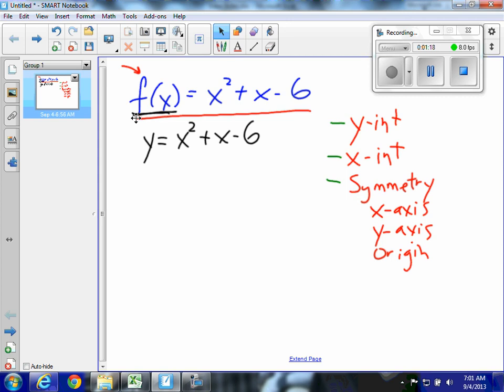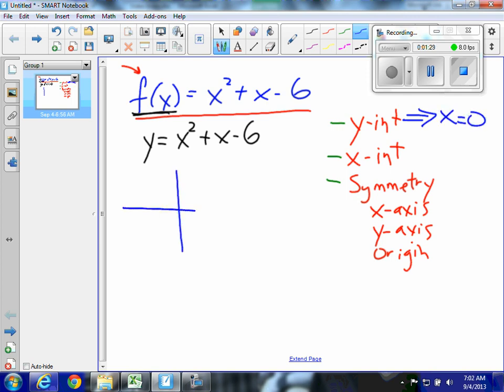So when I'm finding the y-intercept, I set x equal to 0. If I look at my little graph here, every single y-intercept that I'm going to have, x is going to be equal to 0. All right, let's set x equal to 0. I'm going to have y equals 0 squared plus 0 minus 6.